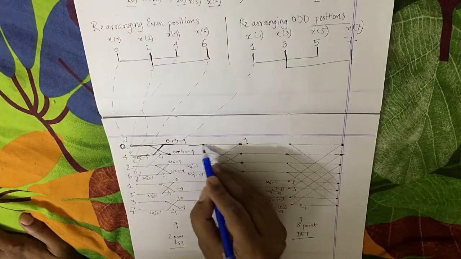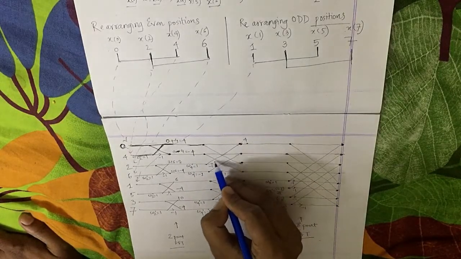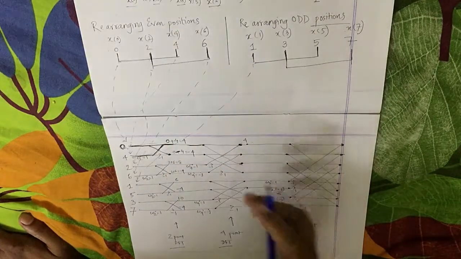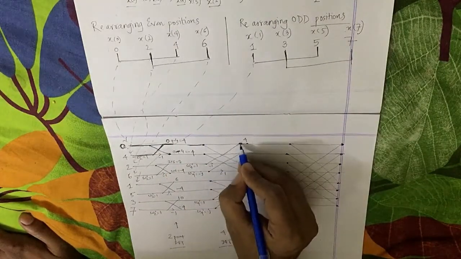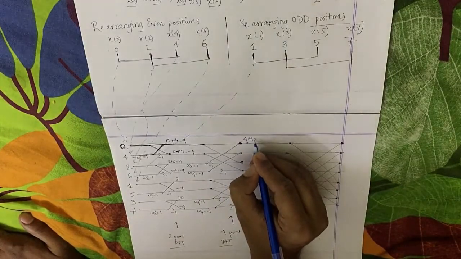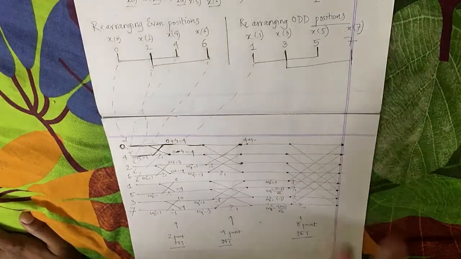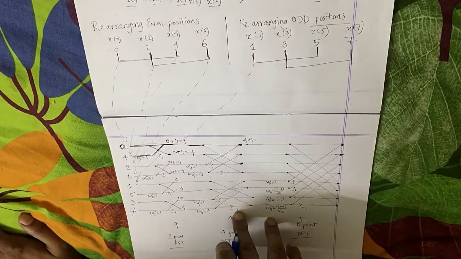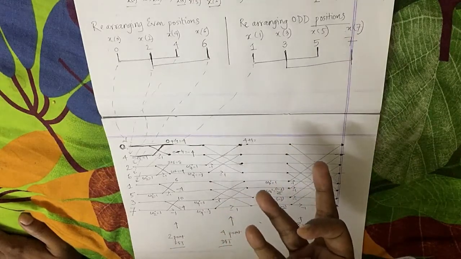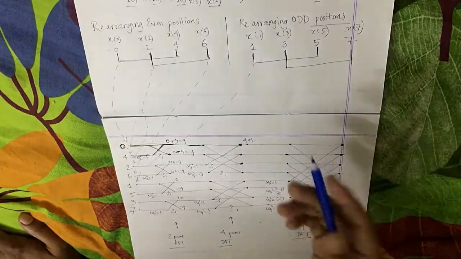This 4 comes in here, and from this line, this 1 is getting added, so we will be having, is it okay, or have I made a mistake here? Can you tell? Is there anything that I'm missing? Is this okay? Not really.